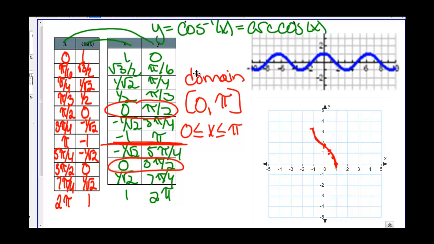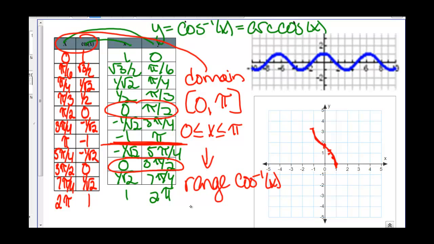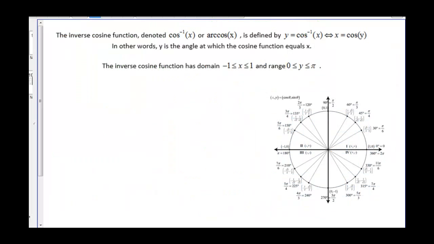This was the domain of the function that we had restricted, which means that the range of the inverse cosine of x has these same values, 0 to pi. So recapping, the inverse cosine function, denoted inverse cosine of x, or arc cosine of x, is defined by y equals inverse cosine of x if x equals the cosine of y.